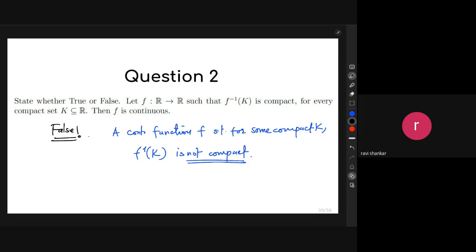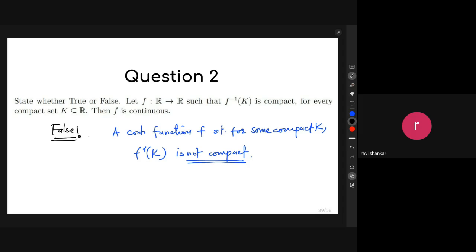In either case, it's going to be false, because we have examples of continuous functions for which if you start with a compact set, its image need not be compact. Similarly, if you take a compact set in the range and consider its preimage, that is not going to be compact. So we have an example for both of the cases.